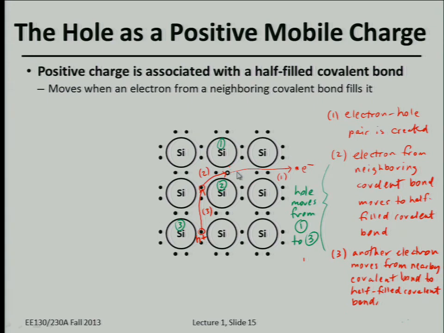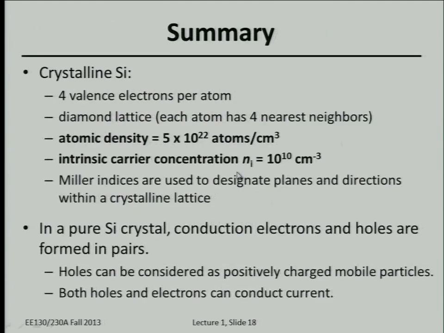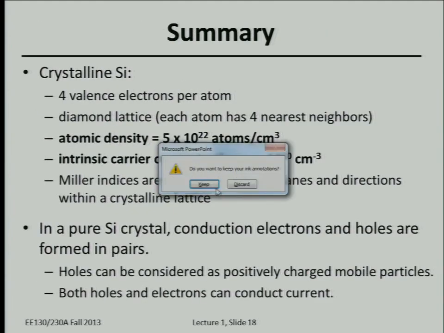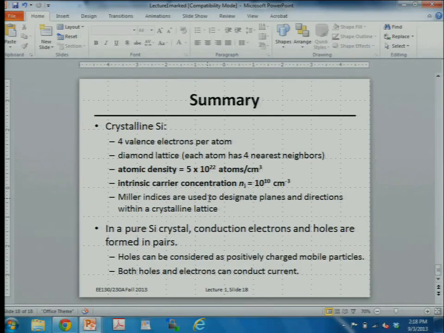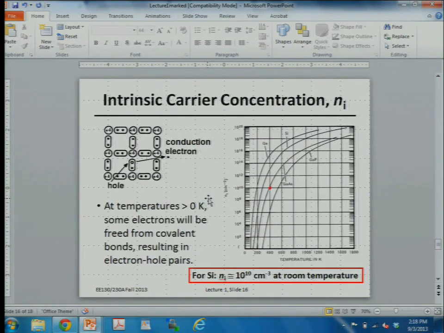All right, so that's the bond model. And of course, as you heat up the seats, it's more likely that somebody's going to stand up and move around. So the concentration of electrons and holes will increase exponentially with temperature.